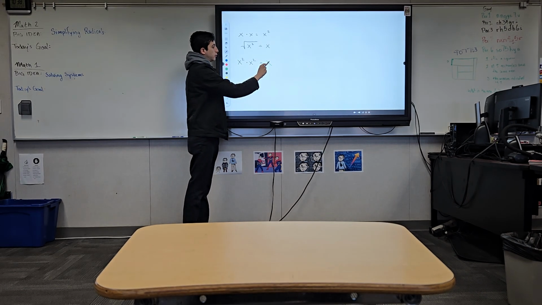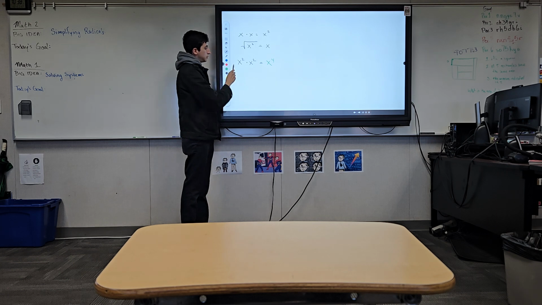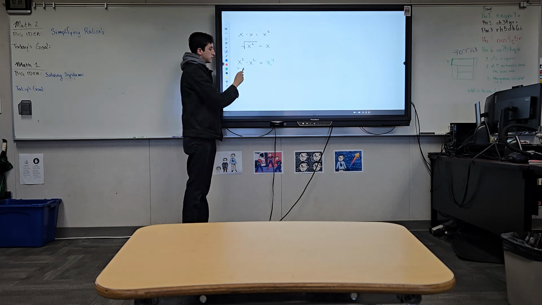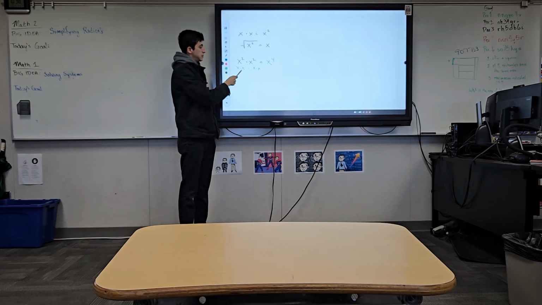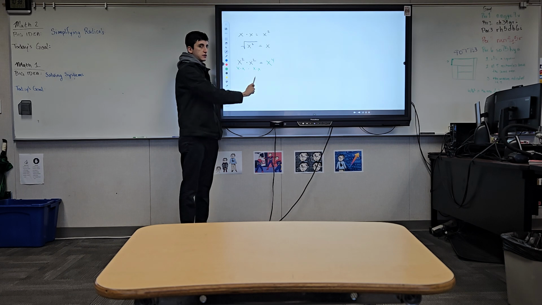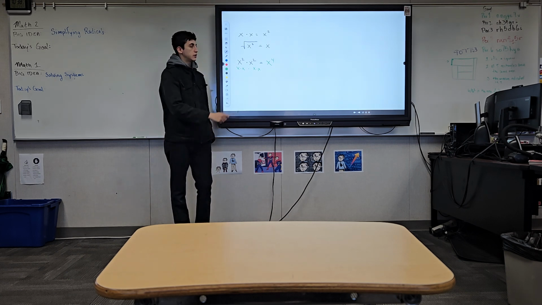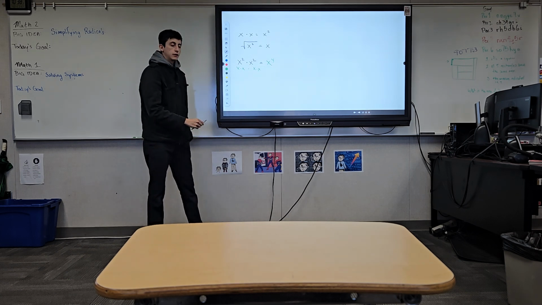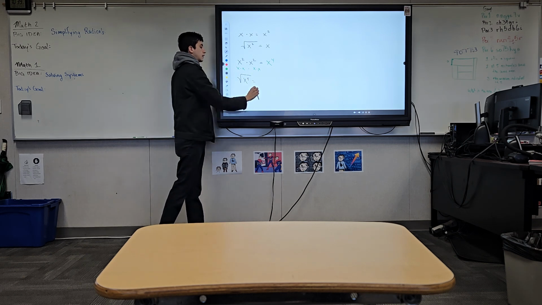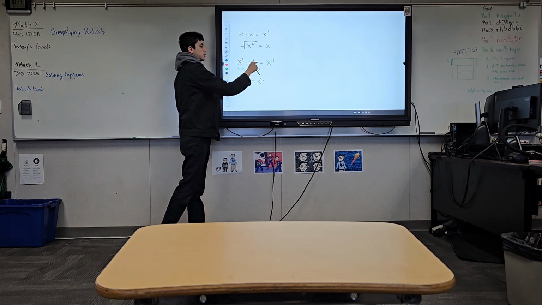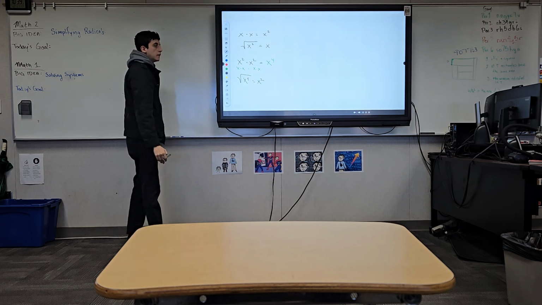The reason it's x to the 4th, which is correct, is because x squared is x times x. So is this one, x times x. So if I multiply them together, I have x times x times x times x. How many x's am I multiplying together? 4 of them. So that's why it's x to the 4th. Okay? So what's the square root of x to the 4th? X squared. Right, because x squared times x squared equals x to the 4th.